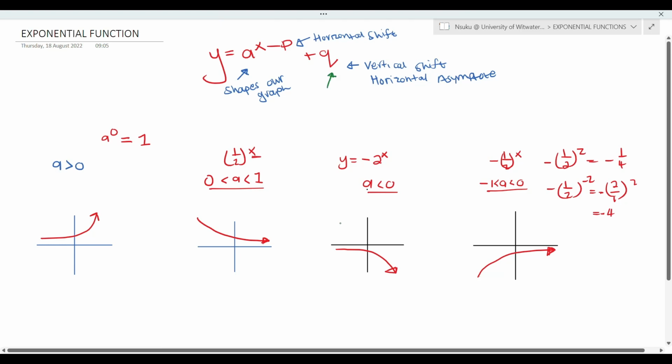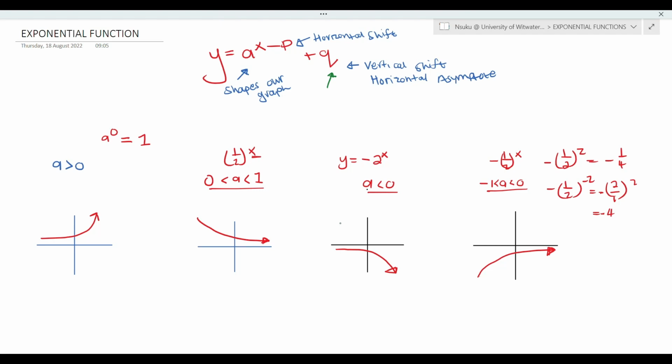As we've already mentioned, q is our vertical shift, which also is our horizontal asymptote. If you look at all the graphs that we've drawn here, we've always assumed that the value of q is 0, right? In every graph that we drew, all these 4 graphs, you can see that the graph never touches the x-axis.